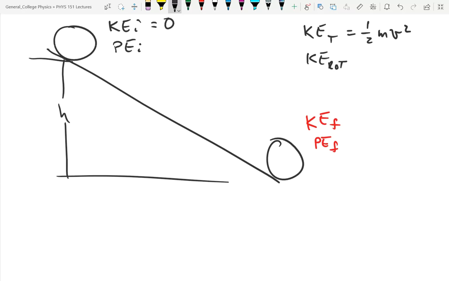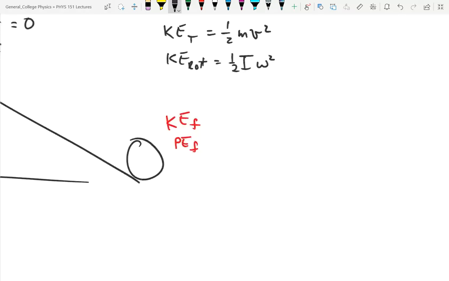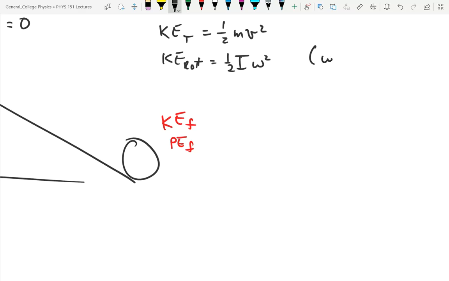So the T stood for translational. That's traveling in a path. 1/2 I omega squared. And just like before, omega is equal to minus V over R. So this is equal to 1/2 I V squared over R squared.